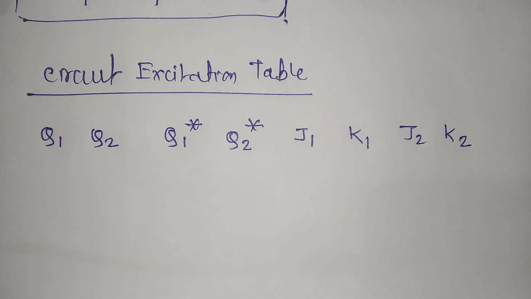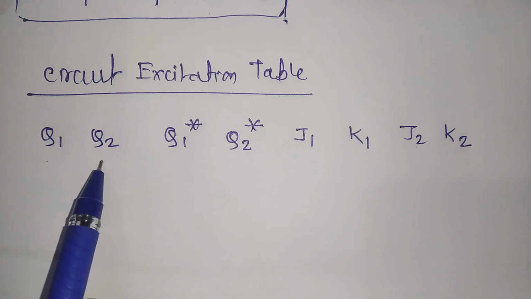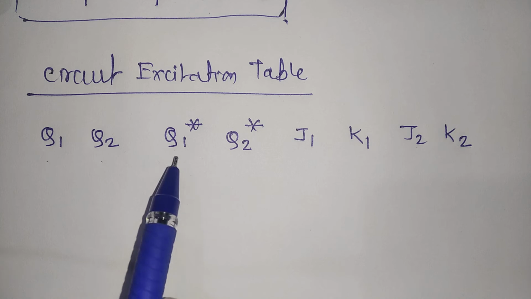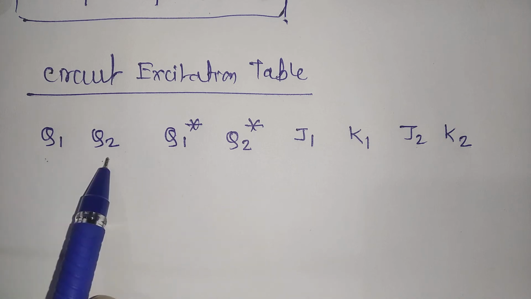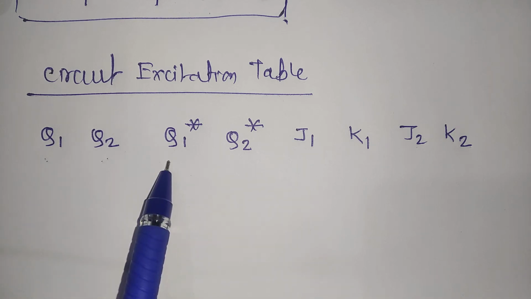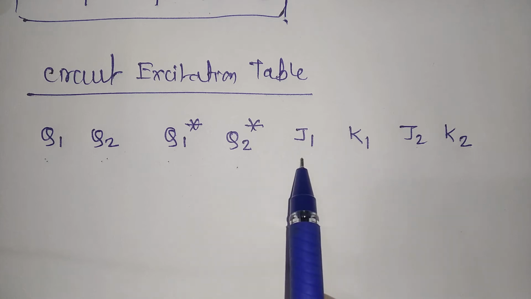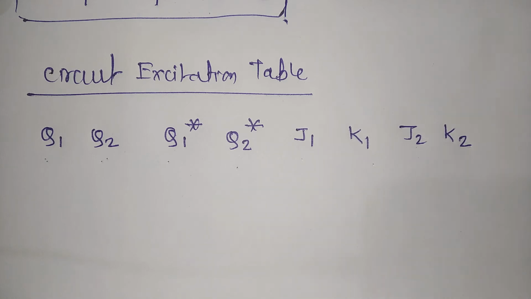So in this case we are using two flip-flops. The first flip-flop output is Q1, the second flip-flop output is Q2. The present states are Q1, Q2, the next states are Q1 star, Q2 star, and the inputs are J1, K1 and J2, K2.